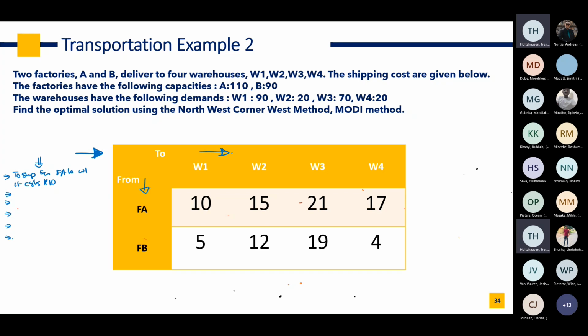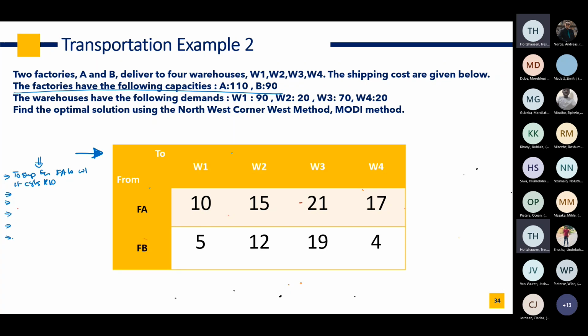And that brings us to this table not being finished. Remember when we did the other one, we already had the supply and the demand in the table. So we actually have to edit things and add some more information. The factories have the following capacities. Factory A has 110 and factory B has 90.